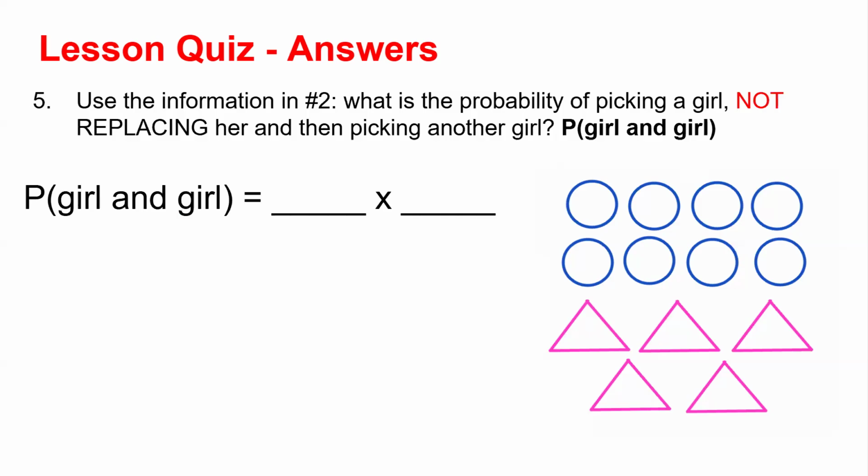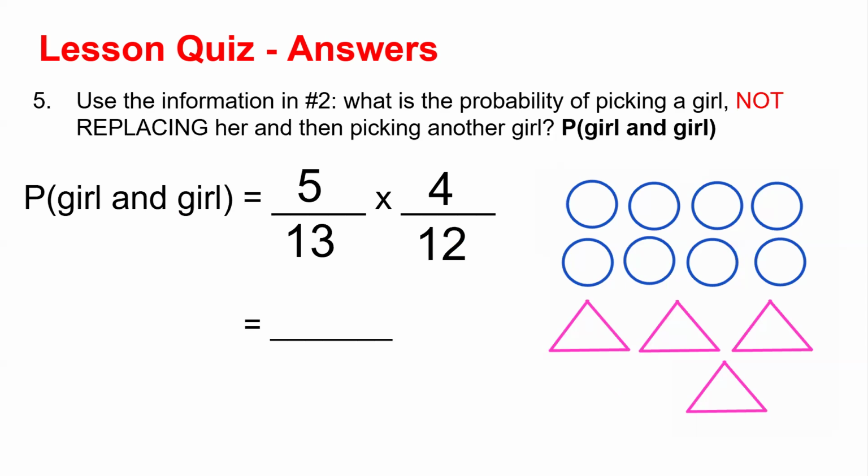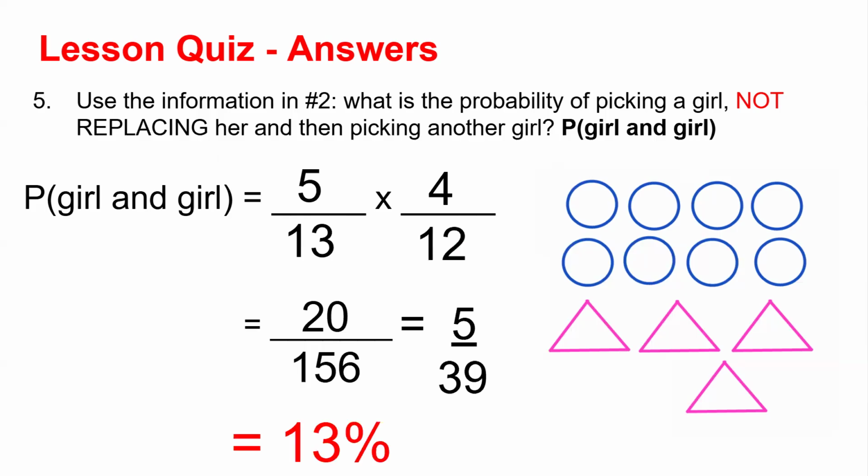Probability of a girl, we have 5 girls out of 13 total students. We pick that girl and don't replace her, so now we have 4 girls left out of 12 total students. We'll multiply fractions straight across, top and bottom, reduce, and there's a 13% chance of that occurring.